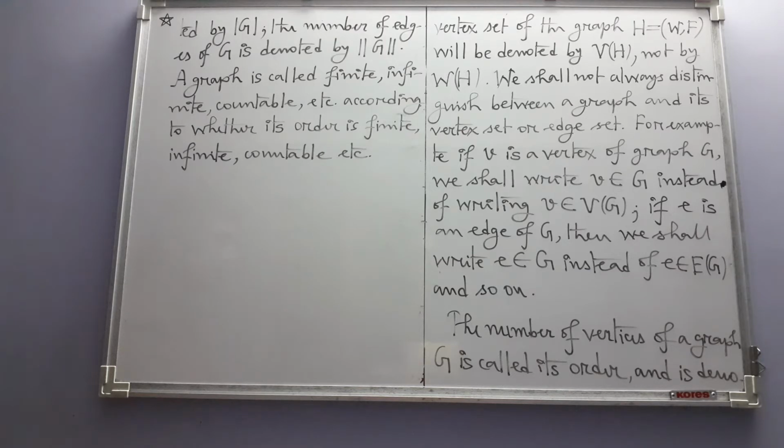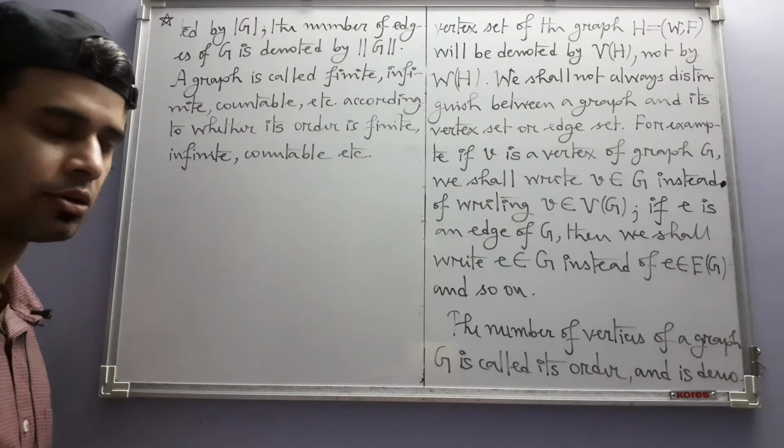It's called infinite if its order is infinite. Countable if its order is countable. So everything depends on the cardinality of the vertex set or the order.